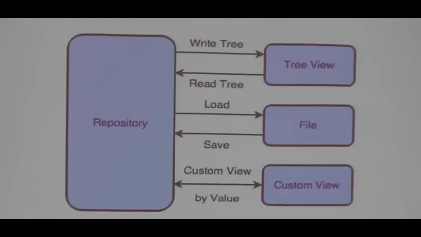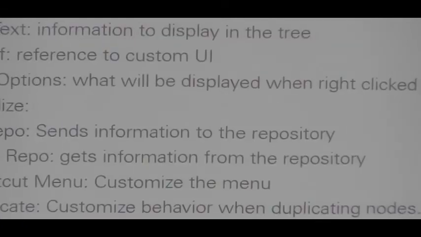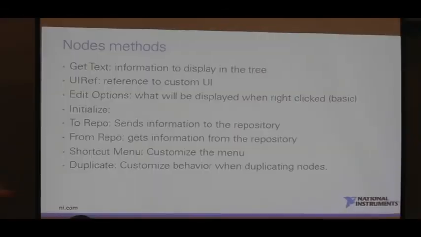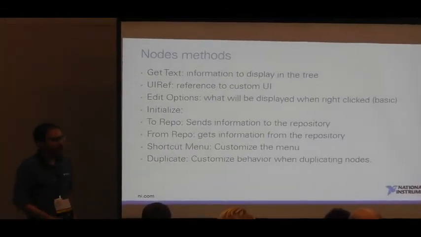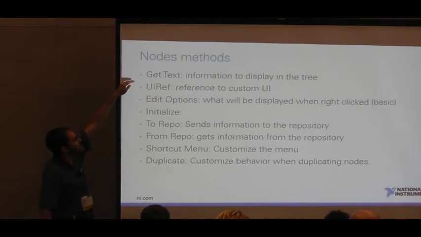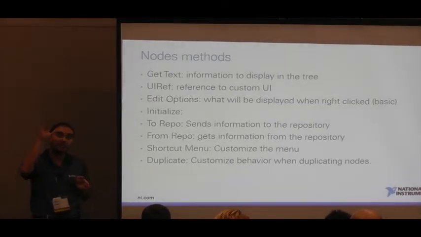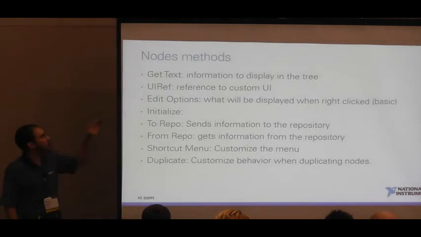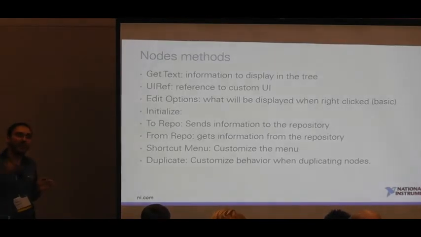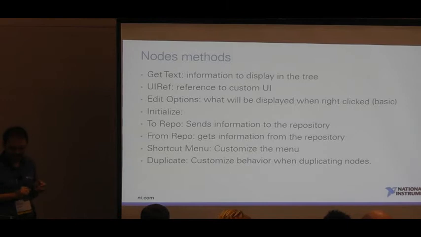Now, these methods are basically the main reason, what makes it really easy to work with the CEF. So what you do is you get a method that is called getText. In this one, basically, you configure what information is going to be displayed on the tree. We have the UI red. Basically, you just pick what UI you want to be displayed on the right side.